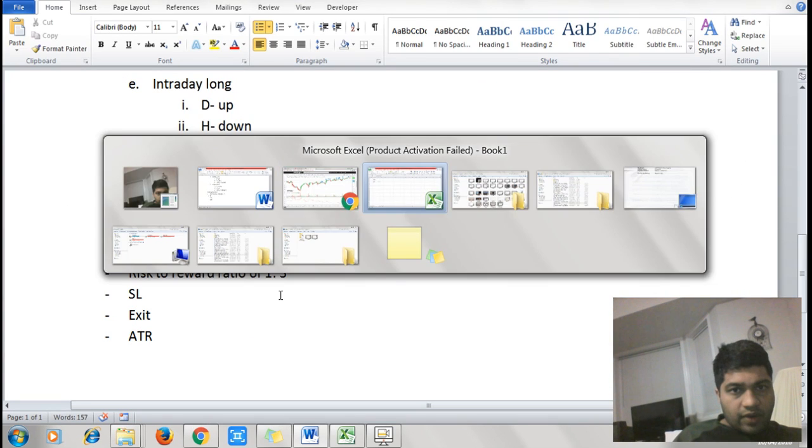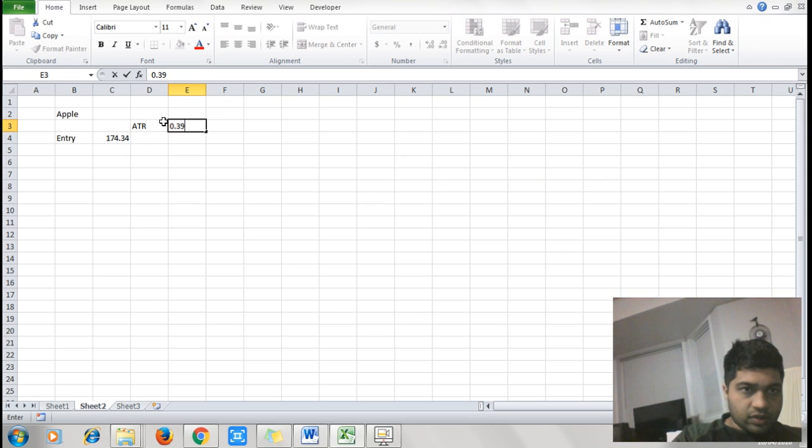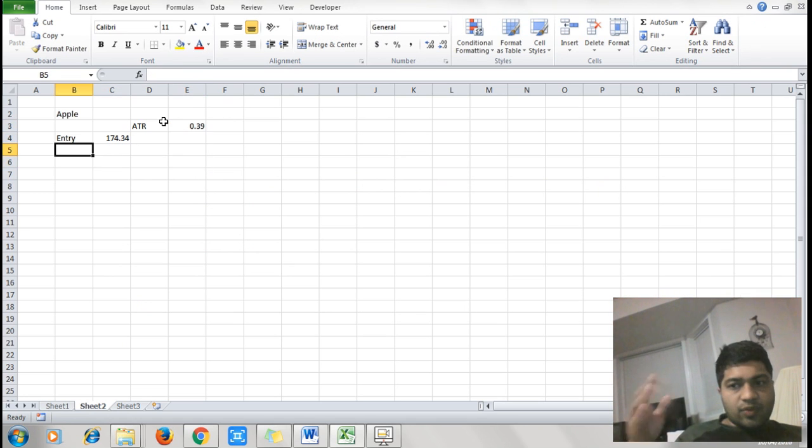So find out the ATR. ATR is how much the stock is volatile in the given time frame. So in 15 minutes it has a volatility of $0.39 right now. So what we do, we create stop loss and we create entry.